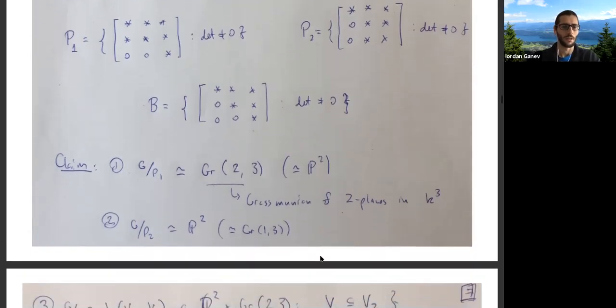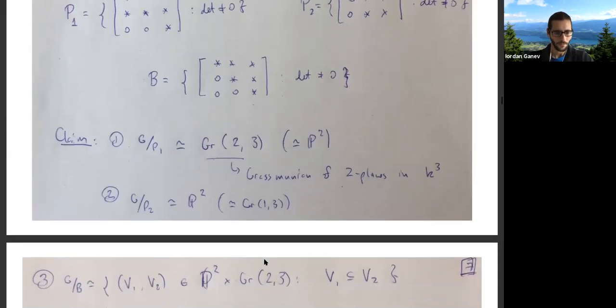And with this second subgroup, we do a similar thing, but we just look at lines inside of K3, and the stabilizer of the line spanned by the first basis vector is this subgroup P2, and the quotient is projective.